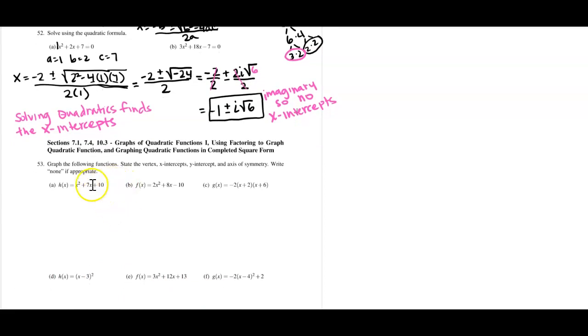Remember, it's asking you to find the vertex, the x-intercepts, the y-intercepts, and the axis of symmetry. Maybe I'll do a couple of them just because I want to help you see what you can do here. So let's look at part A first.